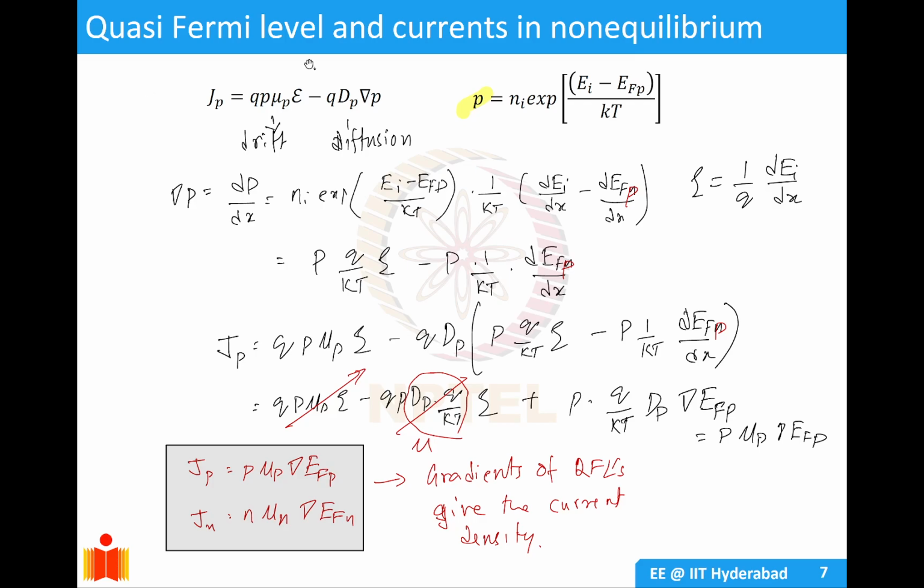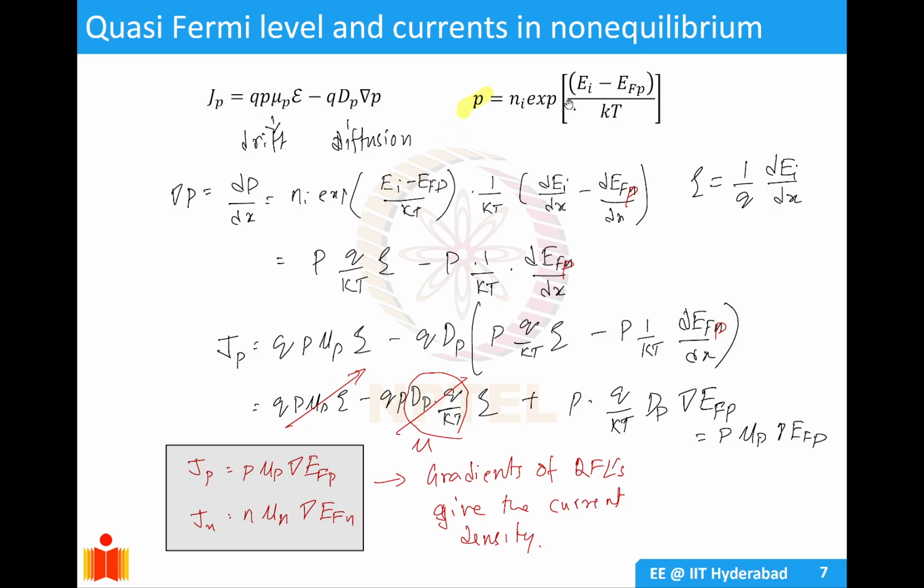Next is quasi Fermi level and currents in non-equilibrium. We had studied that Jp equals q p mu p electric field minus q Dp del p. So this is a drift term and this is a diffusion term.